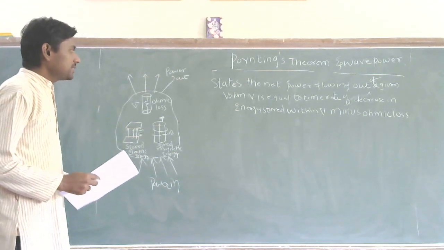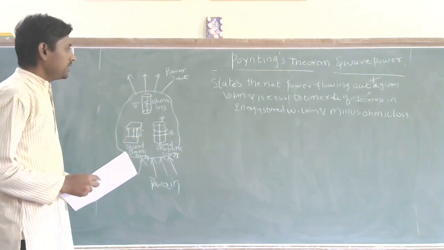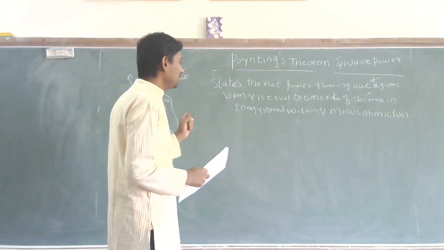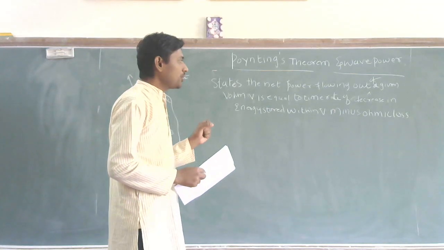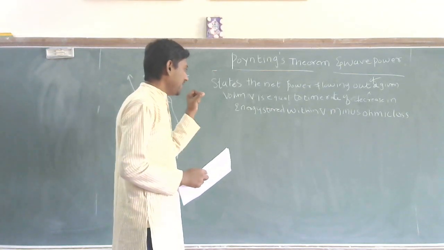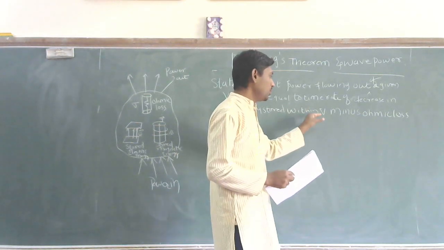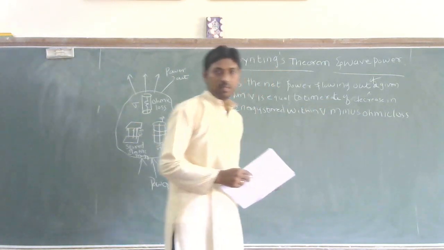The statement says that the net power flowing out of a given volume is equal to the time rate of decrease in the energy stored within the volume V minus the ohmic loss.